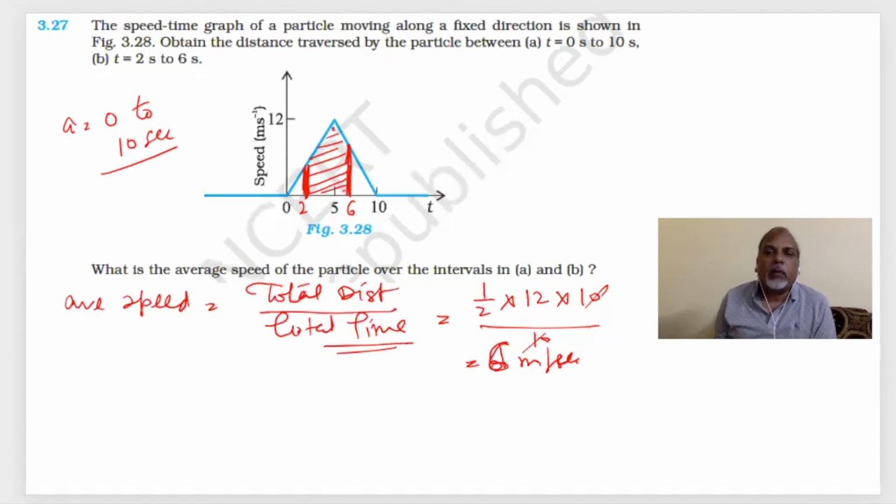For that, basically we can divide this like this. This is 12. We can find out this ordinate by proportion method, and both these areas we can add up, divided by this time interval, will give you the average speed. So this was a very simple question.